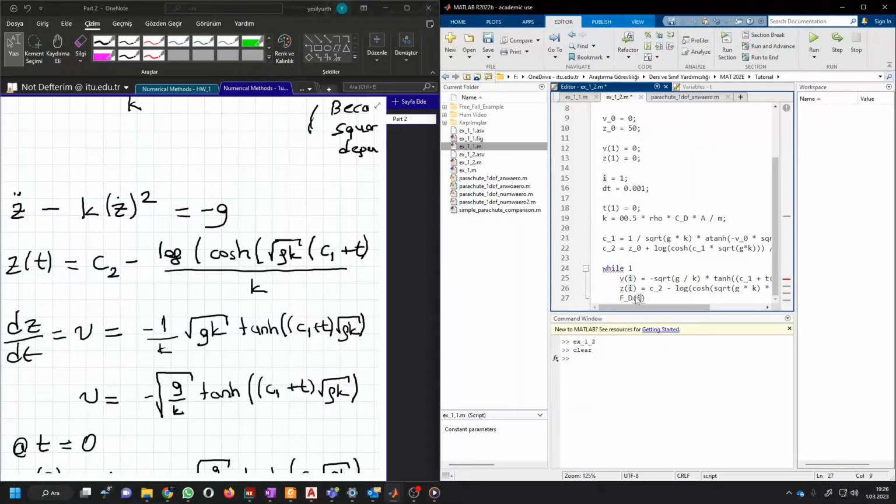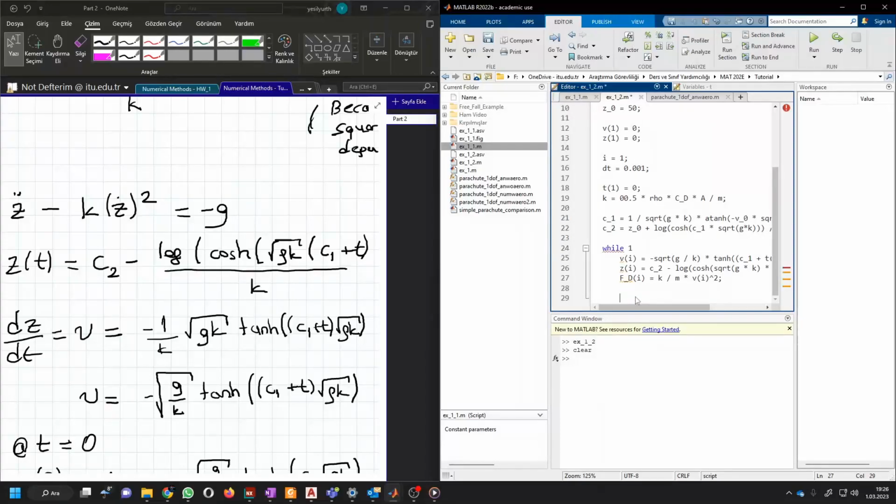So I will also calculate this separately here. Fdi will be equal to k over m times square of the velocity.